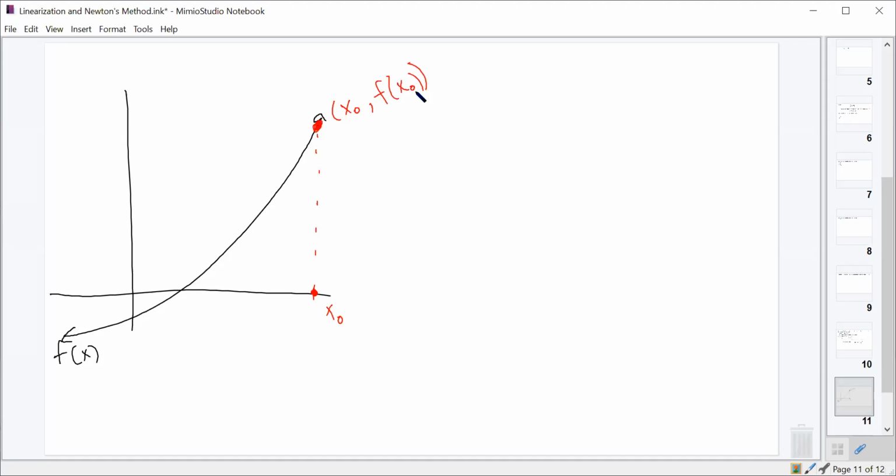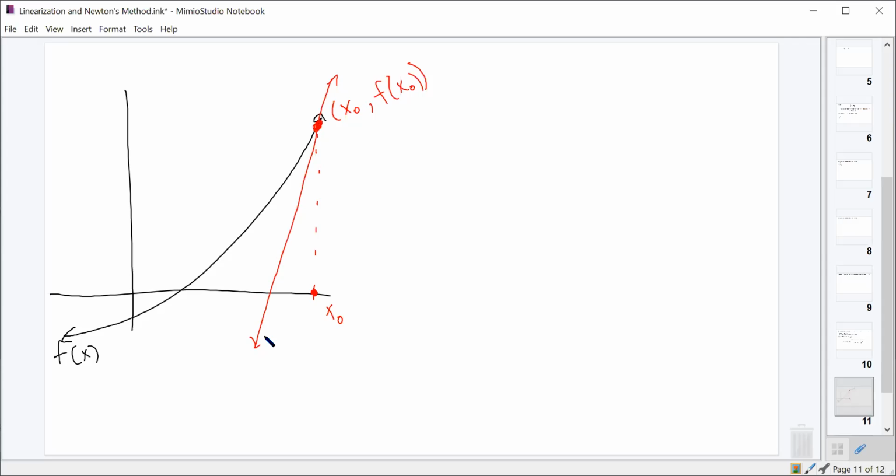Yeah, all right. Does this function have a tangent line at that point? Yes. Could I draw that tangent line, and could I also find the equation of that tangent line? There's the tangent line to that function at that point.